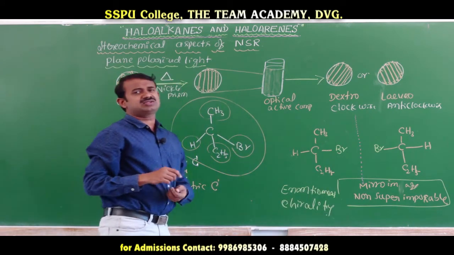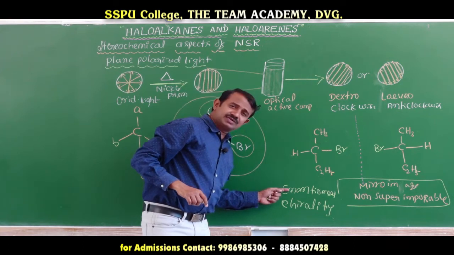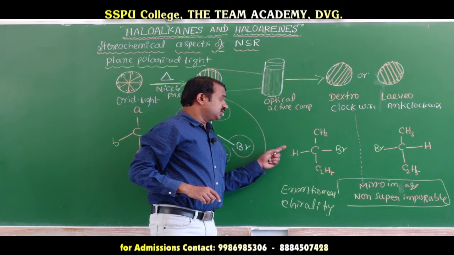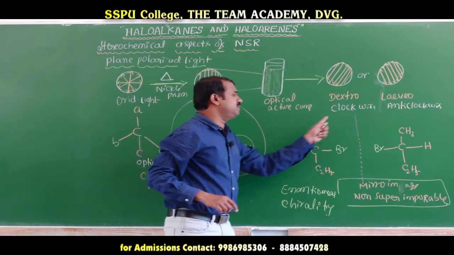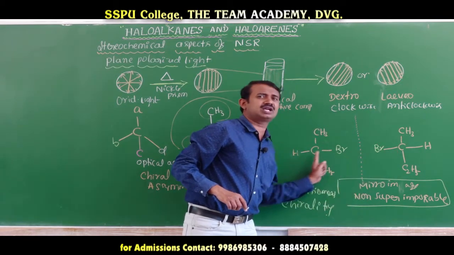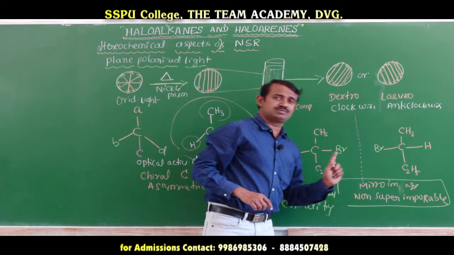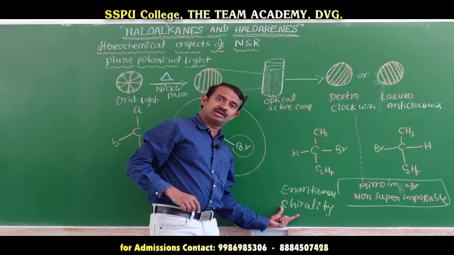They will ask 1-mark questions: What are enantiomers? What is chirality? The optically active organic compounds which are mirror images of each other and non-superimposable are called enantiomers or chirality.